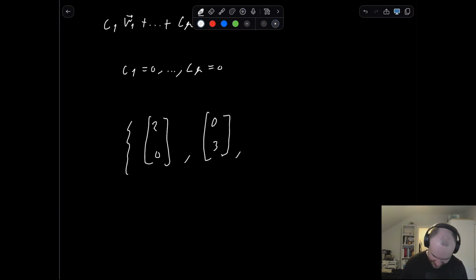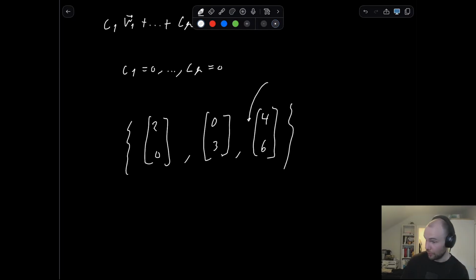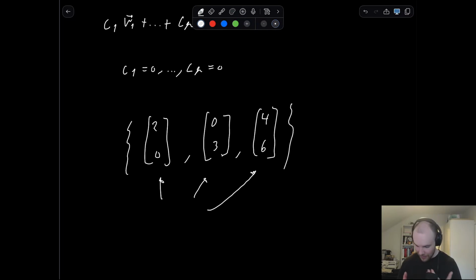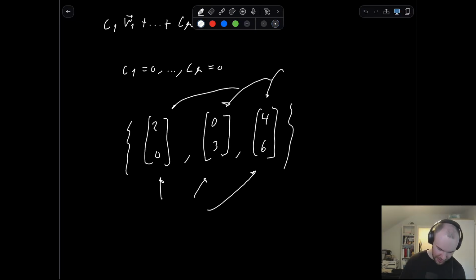But let's say I had, for example, (4, 6) here. Now, I could add these two guys together and scale that by 2, and then I would have that last vector. So this set has a vector that's dependent on these two guys.